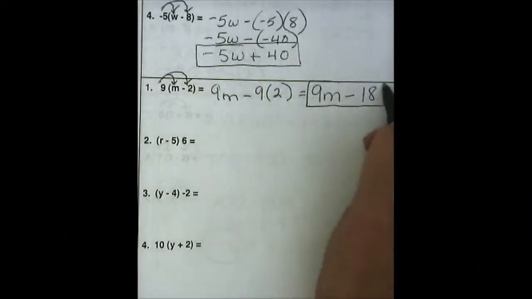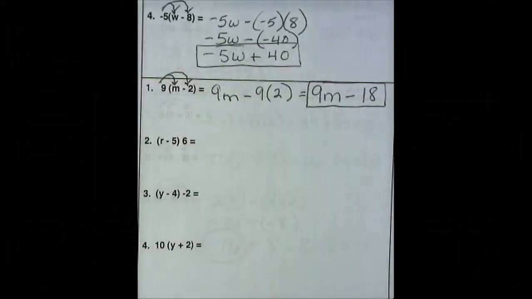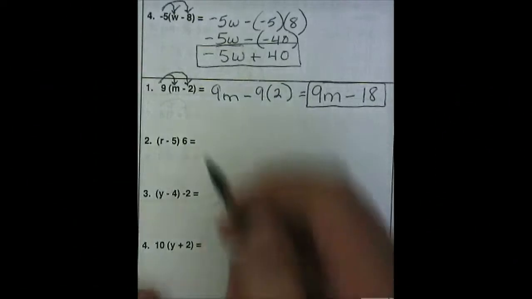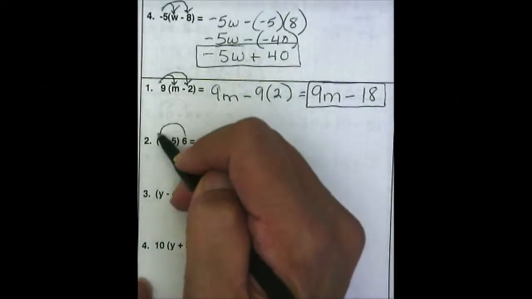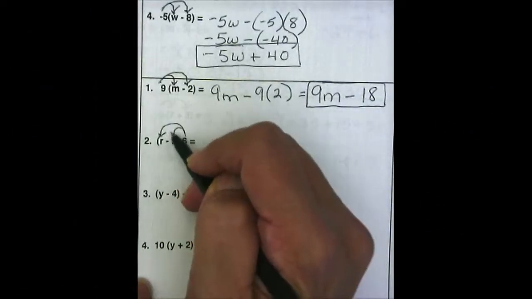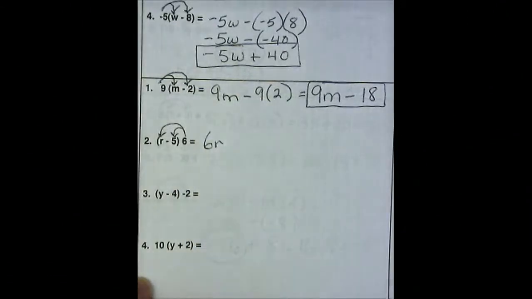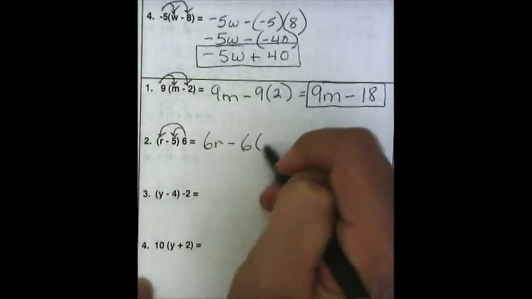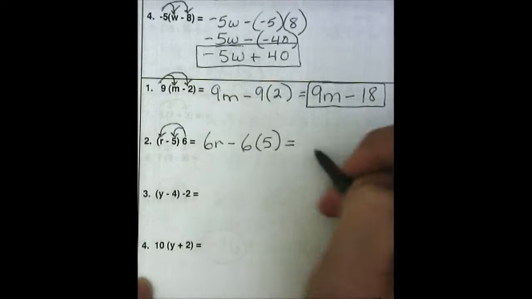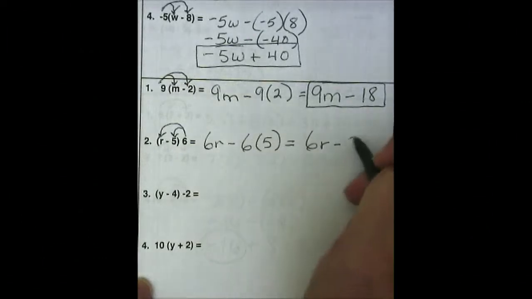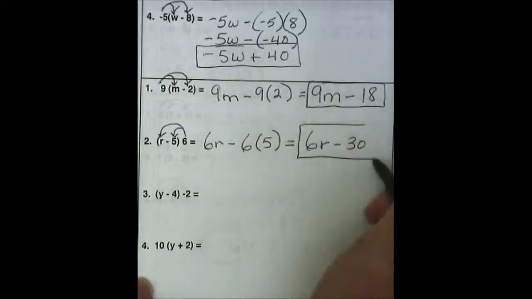Remember, we cannot subtract those two. They aren't like terms, so we just leave it as is. On number 2, we're going to take 6 and multiply it by r minus 6 times 5. So 6 times r is 6r minus 6 times 5. 6r minus 30. 6 times 5 is 30.